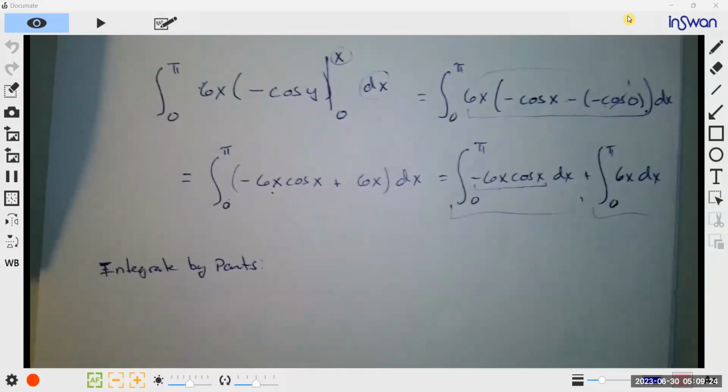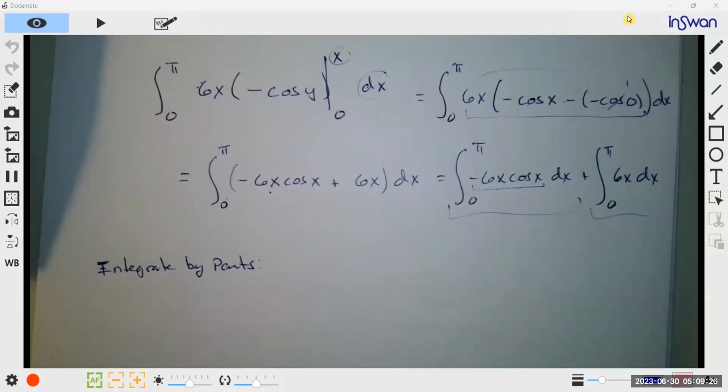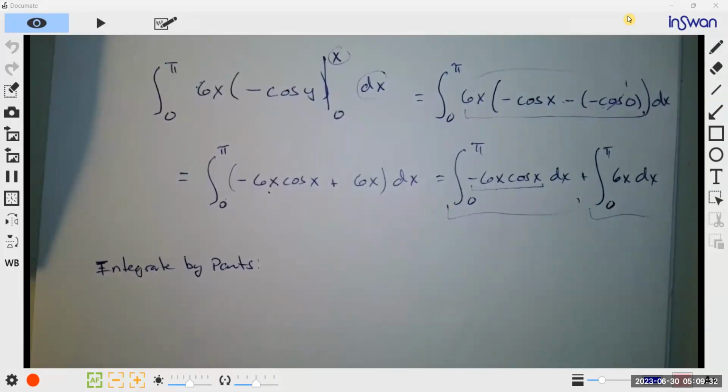All right. When you integrate by parts, that's when you take the derivative of one, leave the other part alone. So the formula is like this.